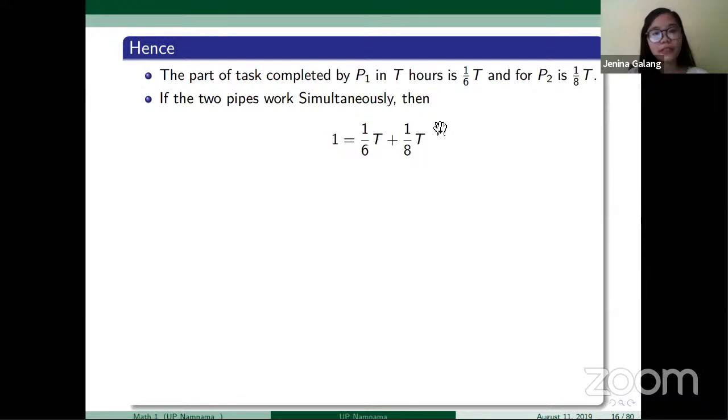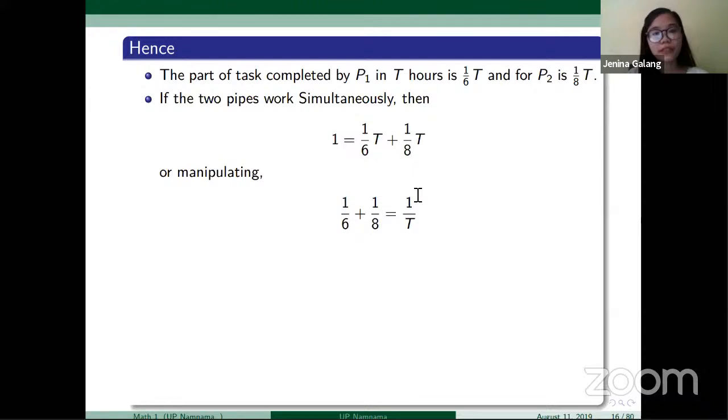So manipulating this equation, we can divide both sides by T. So we will have 1 over 6 plus 1 over 8 equals 1 over T.